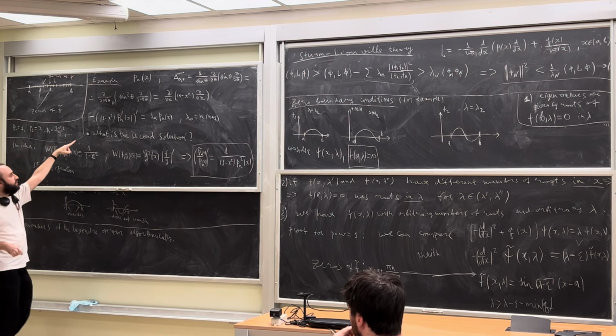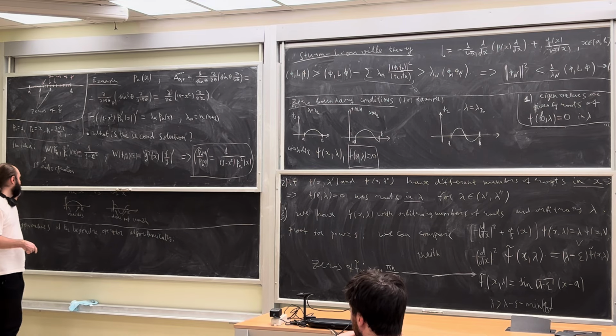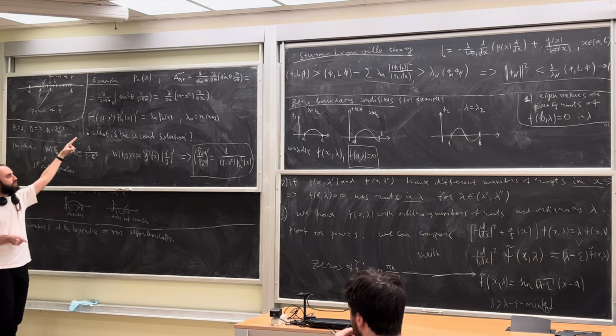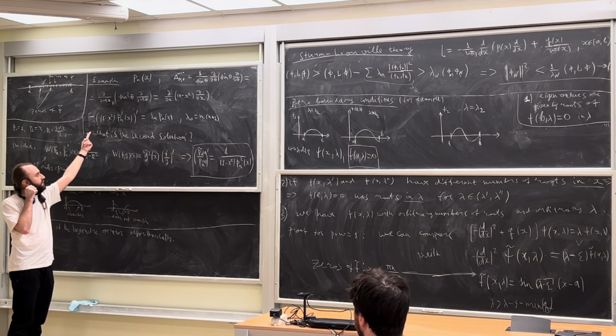We have this equation, and we want to find its solution that is regular at the origin. Well, all of its solutions will be regular at the origin. We simply say that we can expand it as a Taylor series at the origin.